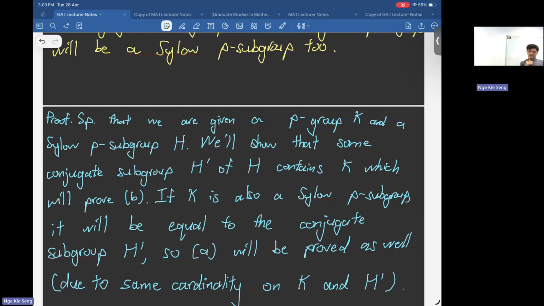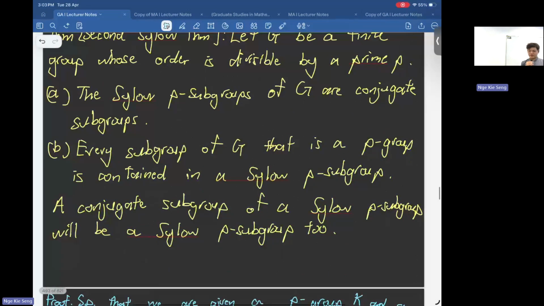Makes sense? Okay, so you look at question B here, it is contained in a Sylow P subgroup. So it might not be contained in the one you started with, but after you conjugate cleverly, then you get the containment. From there, you can prove A, why?